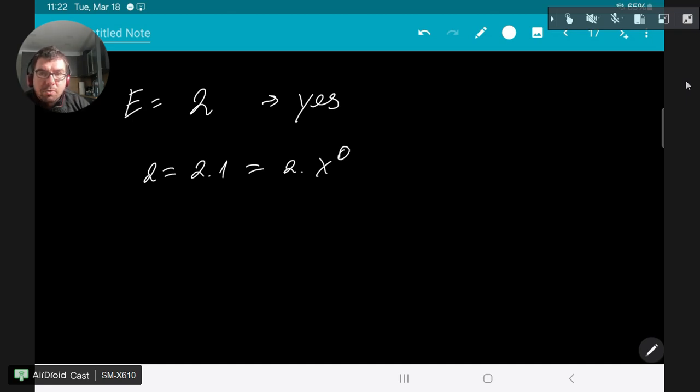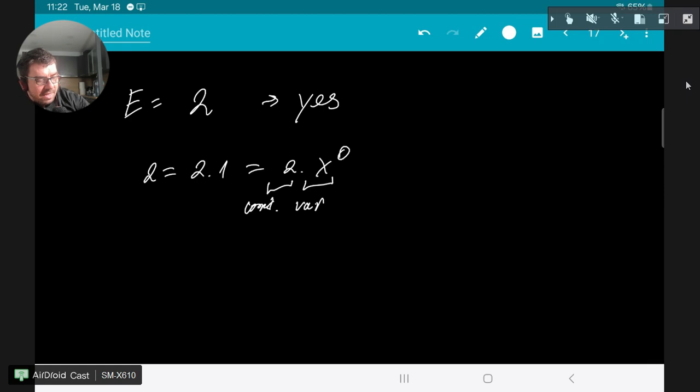X to the power of 0 is 1. Technically I still have just a number, 2 times 1. Now I'm including a variable. It doesn't matter that it's to the power of 0. It's still a variable. So I have a constant times a variable. That makes it a monomial by definition.